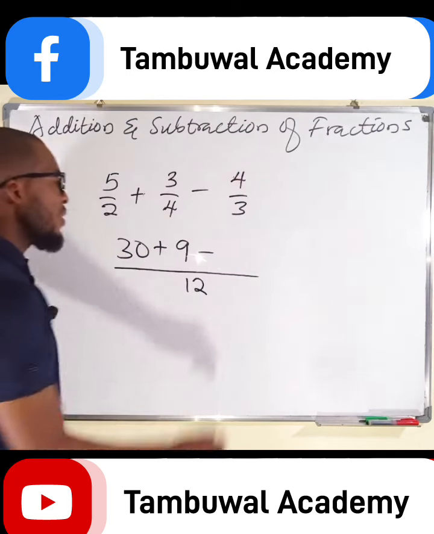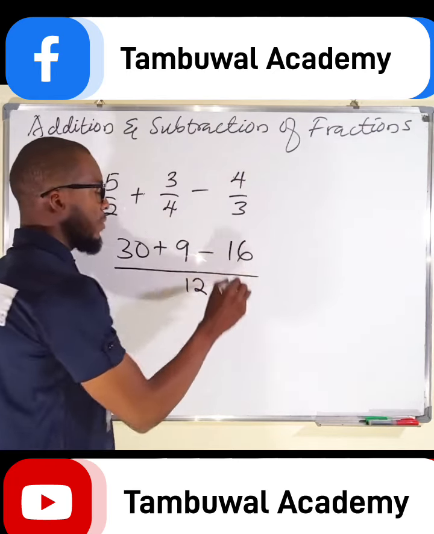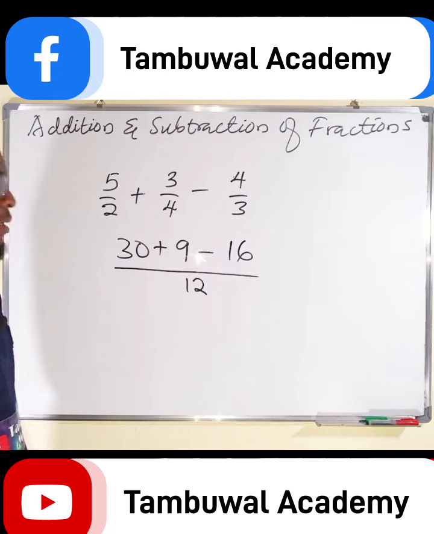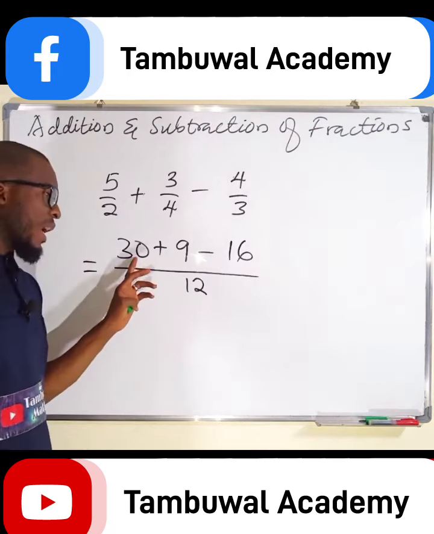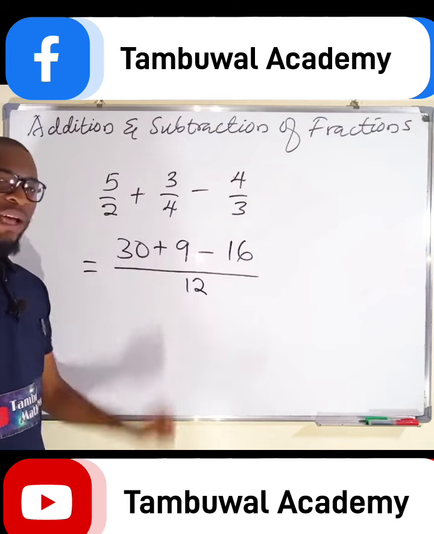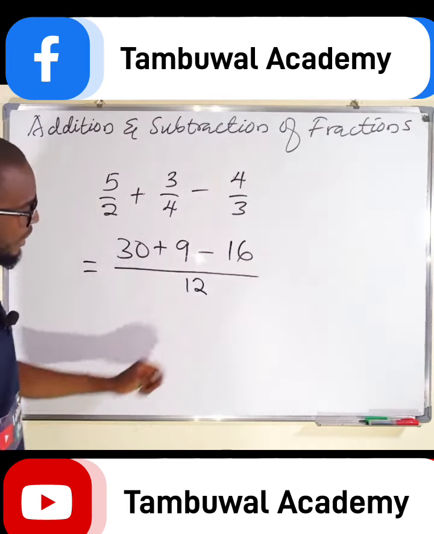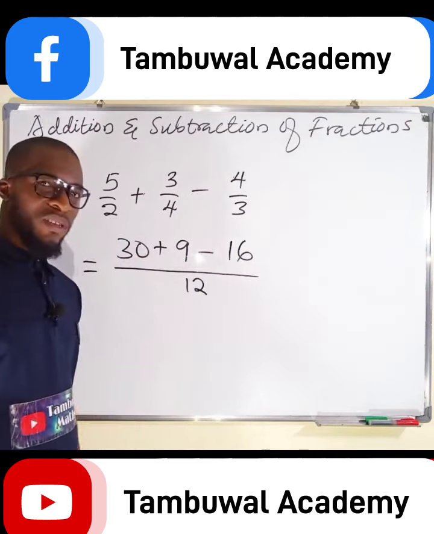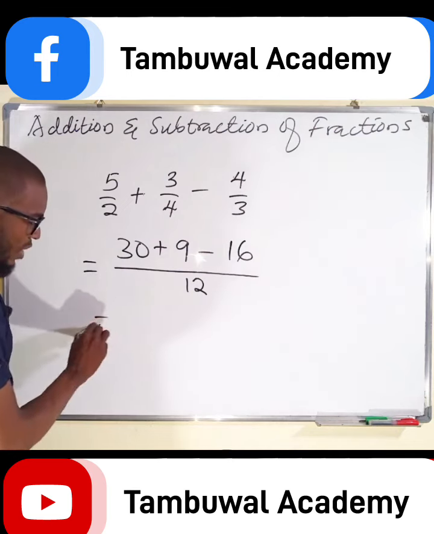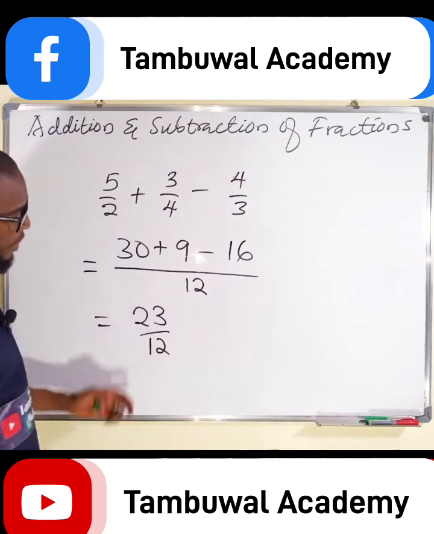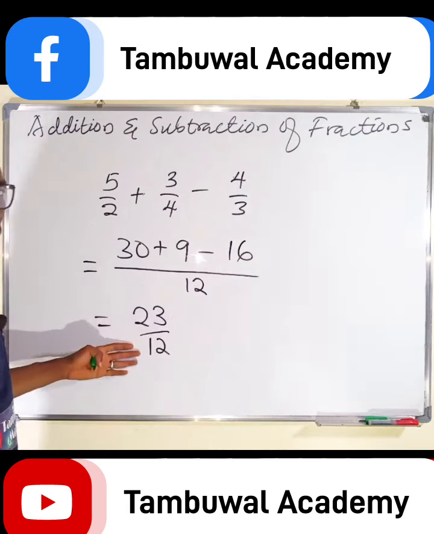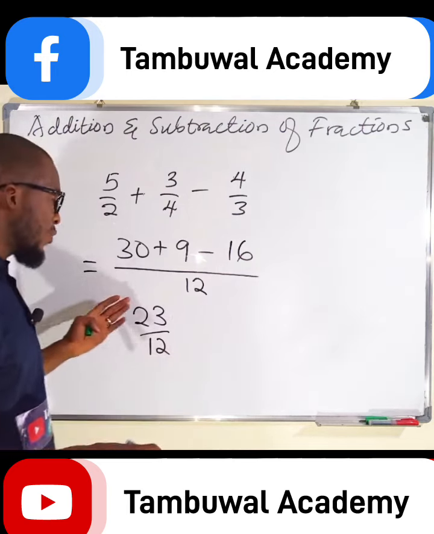Then 4 times 4 is 16. And we simplify. So now 30 plus 9 is 39. Then 39 minus 16 is 23. So we have 23 over 12. 23 and 12 do not have any common factor, and therefore we stop here.